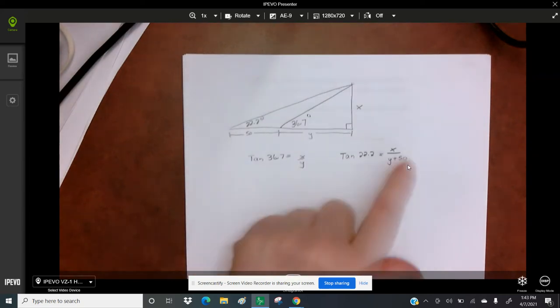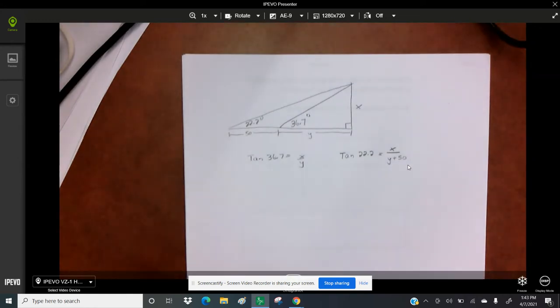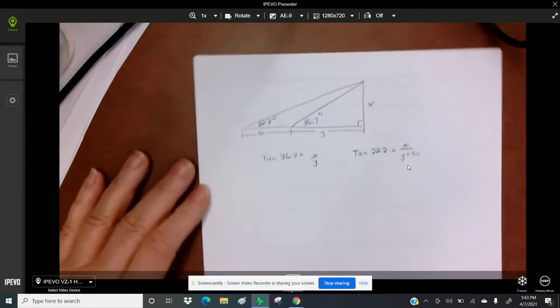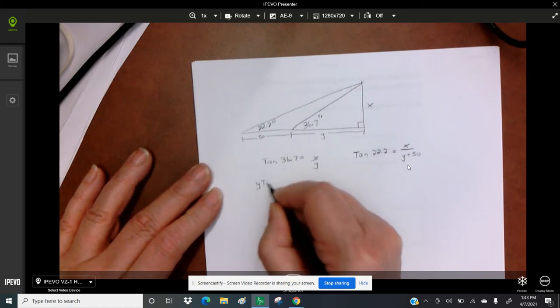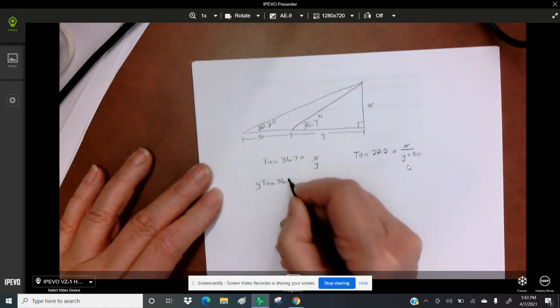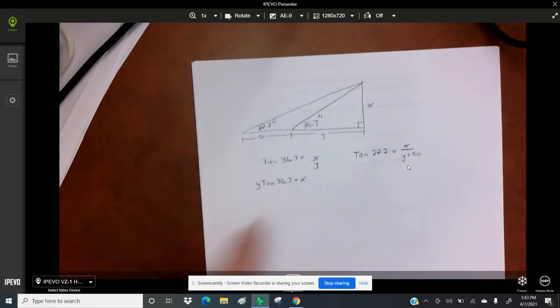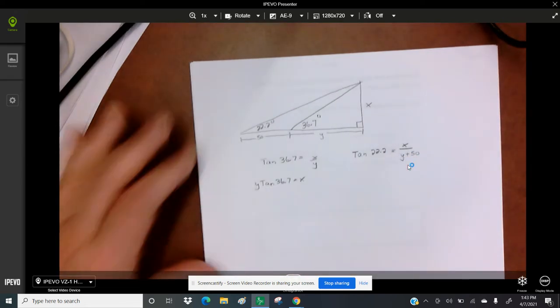You can solve either equation for x or y. It doesn't really matter. I'm just going to solve this equation here for x. And so I'm going to have y times the tangent of 36.7 equals x. And I can substitute that equation into this one.